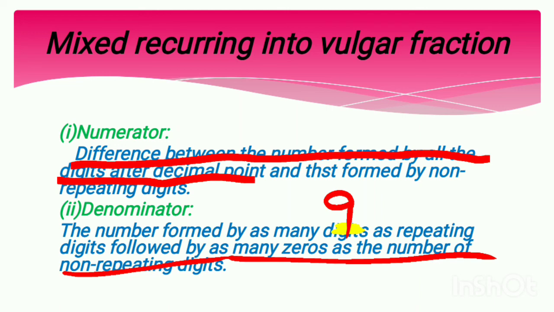How to form the denominator? The denominator is a number consisting of as many 9s as repeating digits followed by as many zeros as the number of non-repeating digits.